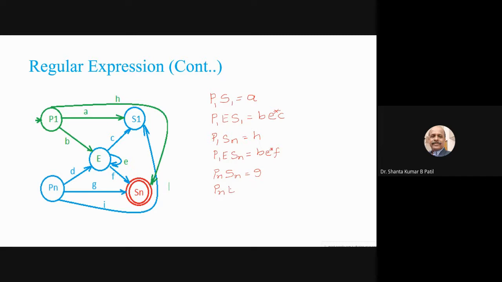PN E SN is equal to D E star C. Next, PN S1 is equal to I.